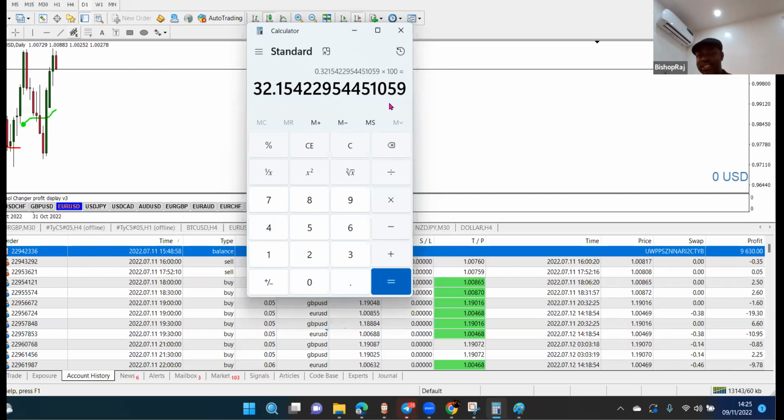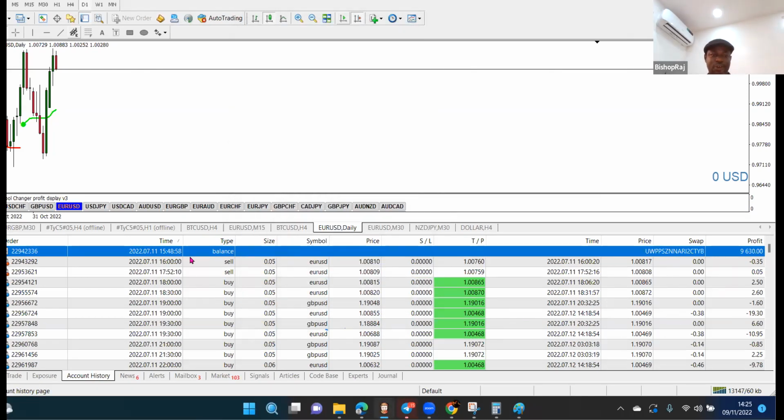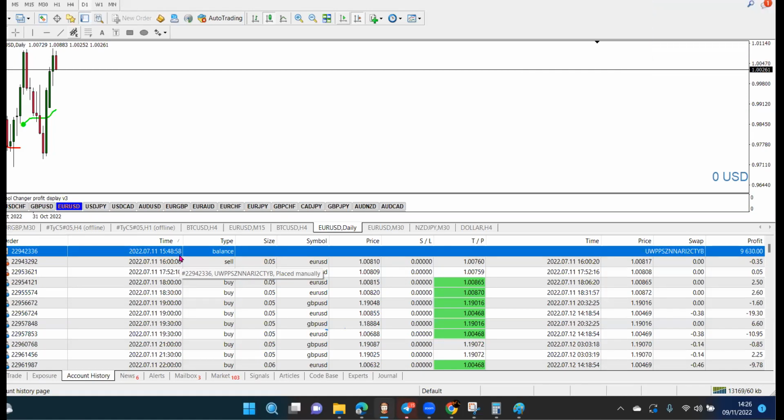That is a 32% account growth. In what period? From July. So let's say August, September, October, and today makes it exactly 4 months. Today, coincidentally, okay, no, not 4 months yet. 2 more days to become 4 months.